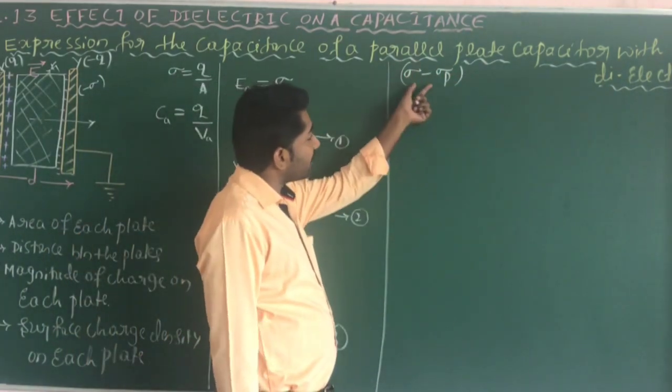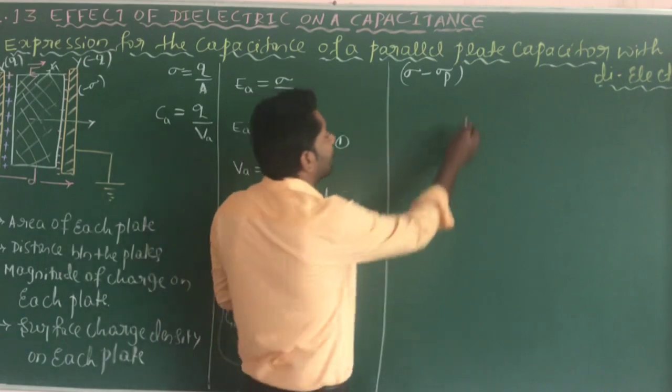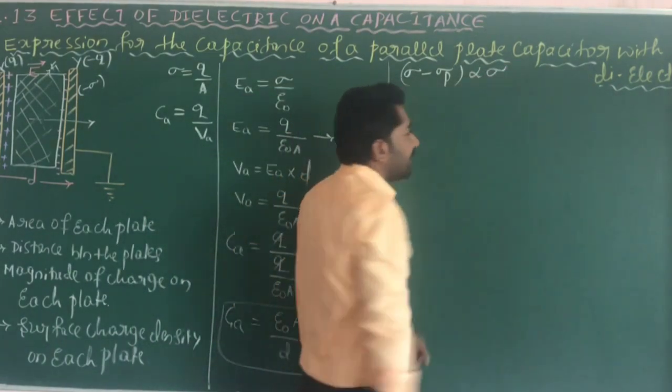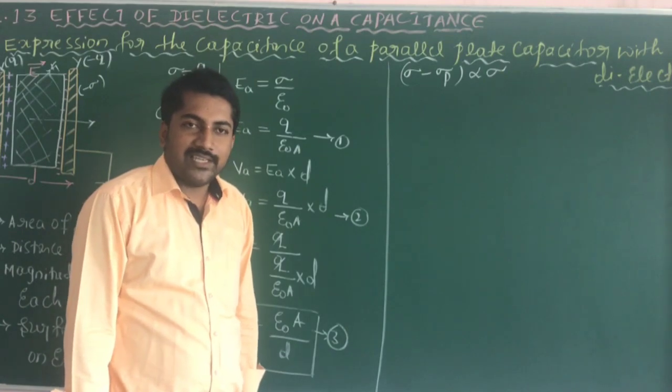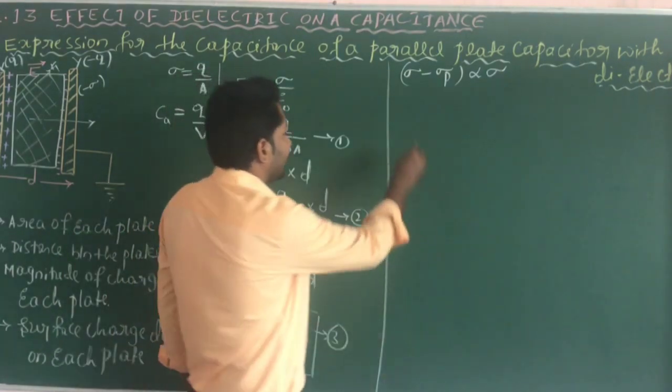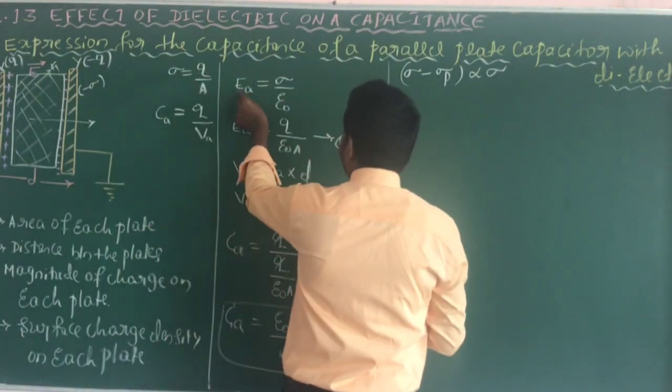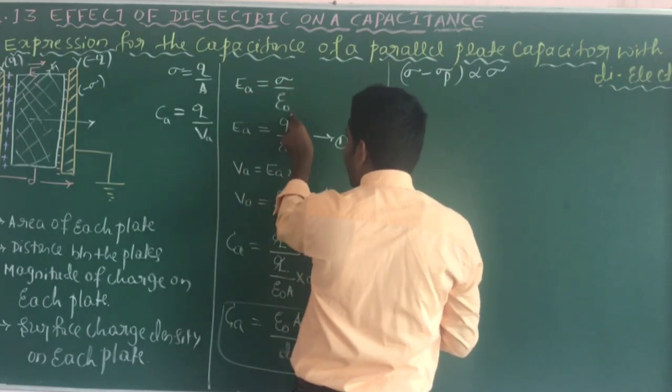Here the net surface charge distribution is directly proportional to the initial charge distribution. Therefore, the electric field in air is sigma divided by epsilon naught.